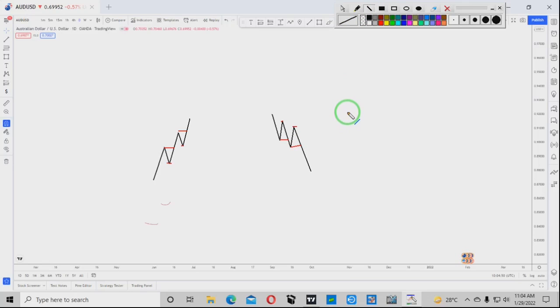Now in the case of a sideways movement, you want to see something like this. This is what you want to see. Price is trapped in a range, like this.